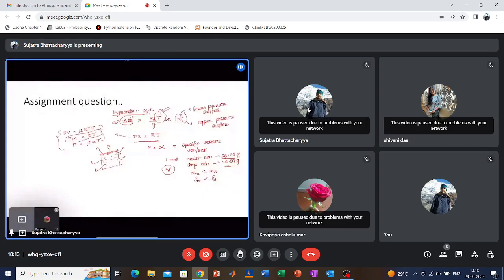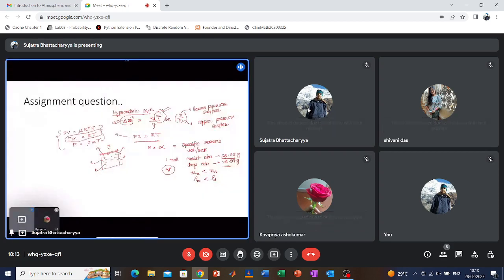Okay. First is RD by RV. So we have already calculated that RD is nothing but R star by MD. And this comes out to be about 287 joules per Kelvin per kg, where MD we take as 28.97 grams per mole. And RV is R star by MV, where MV is the mass of the vapor.